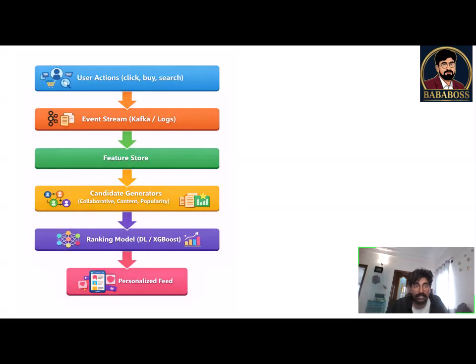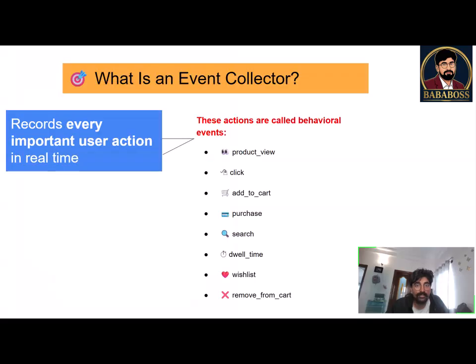I will now go step by step. First, an event is generated, the event goes to Kafka and then to the feature store. We'll go one by one, starting with the event generator. So what is an event collector?